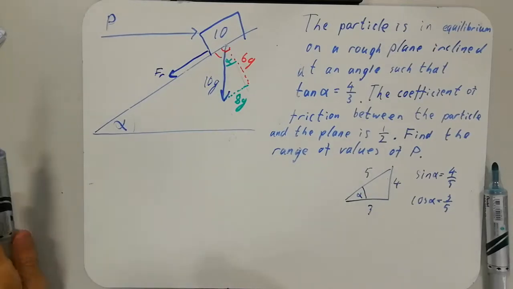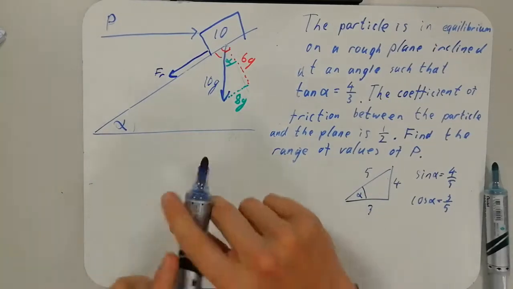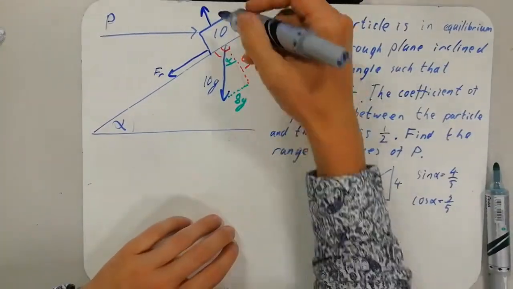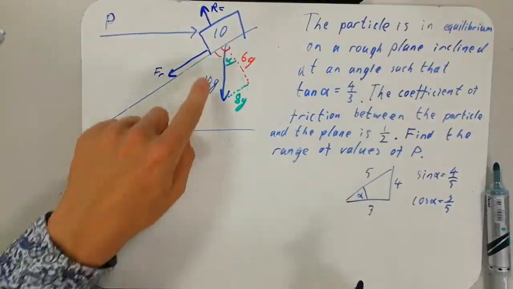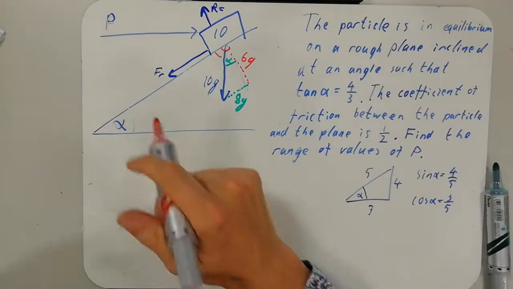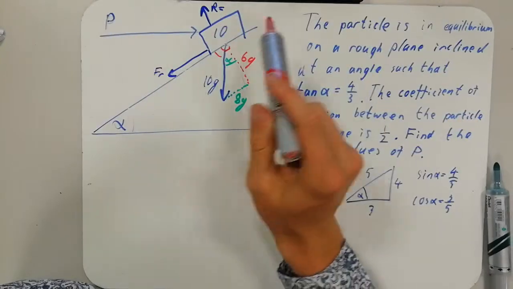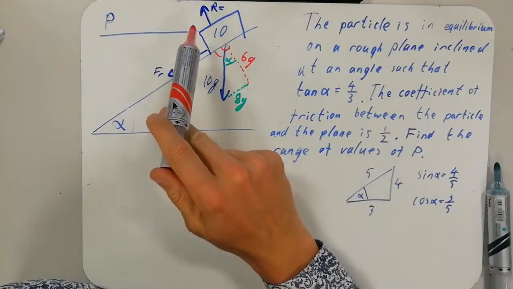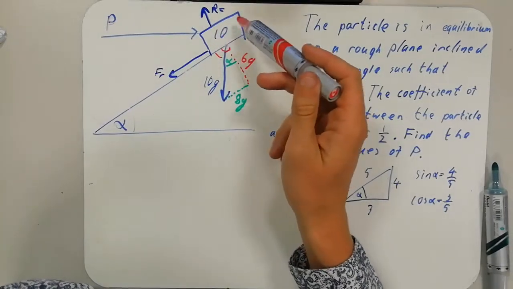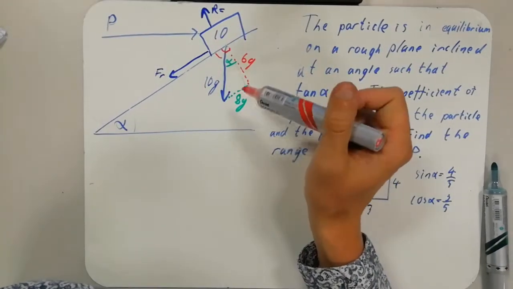Any other forces I've not added yet? The normal reaction force, called the normal reaction force because it's normal to the plane. We need to try and figure out what this is. Well, that's the force that stops our particle falling straight through the plane.